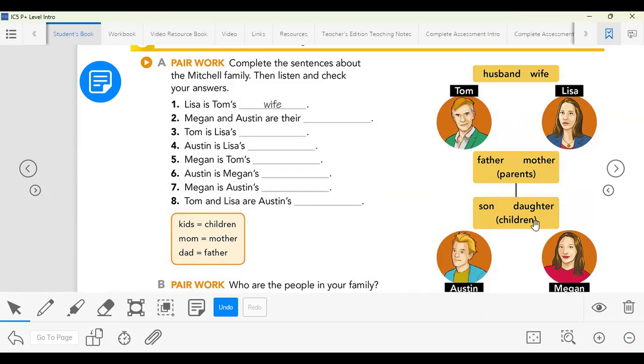If they are their parents, Austin and Megan are their children. Tom is Lisa's... We did that. Tom is Lisa's husband. Husband.